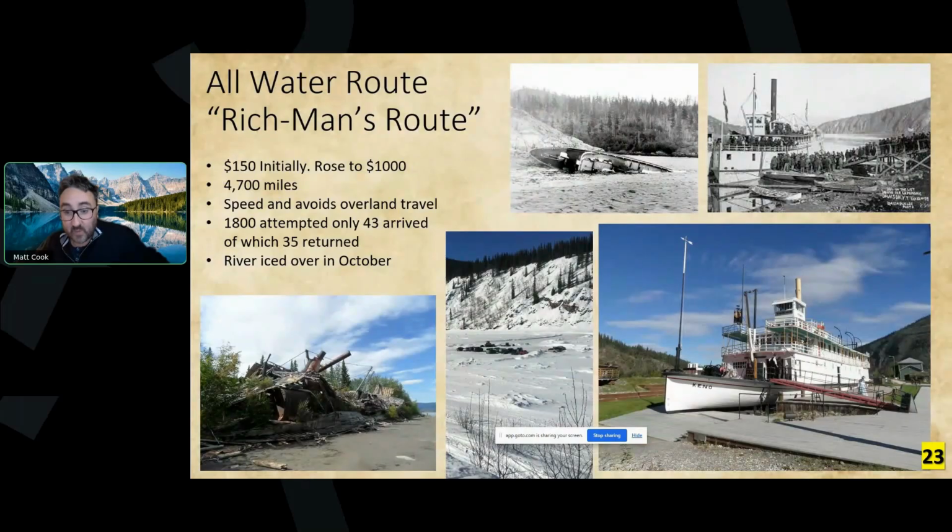And even though this water route was called the rich man's route, it was expensive and it was long, and it had the attraction of avoiding overland travel. At the beginning of the stampede, you could buy a ticket for about $150 or $4,000 today, but by the second winter, that had risen to $27,000.